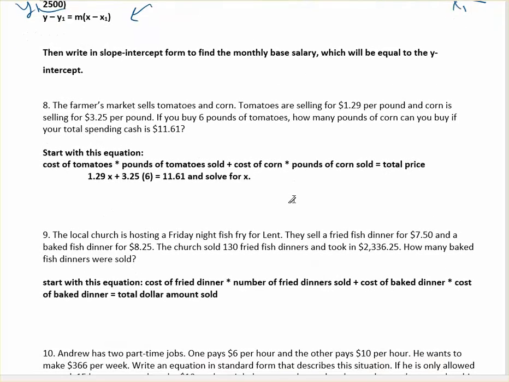8 and 9 are both similar. You're going to use standard form for this one. So in number 8, we're looking at a farmer's market. It sells tomatoes and corn. Tomatoes are selling for $1.29 per pound, and corn is selling for $3.25 per pound. We're not given the slope in this one. We're given two different things that they're selling and how much each of those cost.